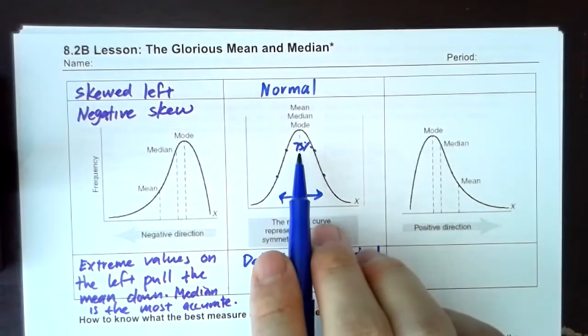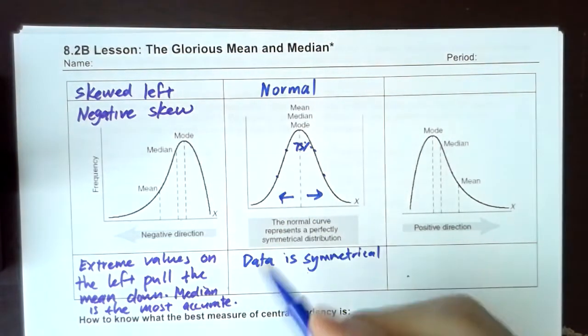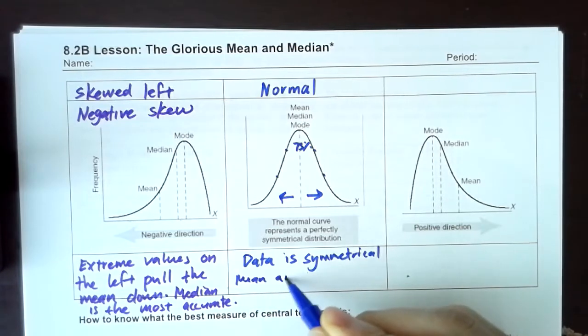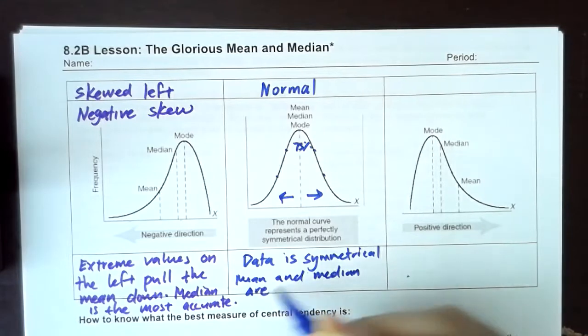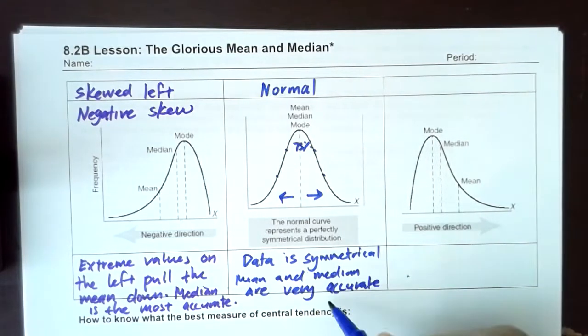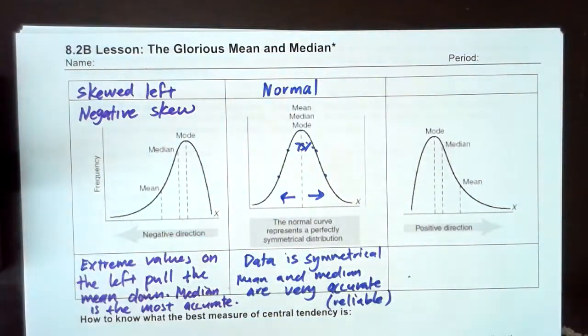But ultimately, the data is still bad, right? The value is still low. Mean and median are very accurate here. And by accurate, I just mean you can think of it as reliable. You can trust the average now because the data is symmetrical. There are no outliers that are pulling it forward or backwards.